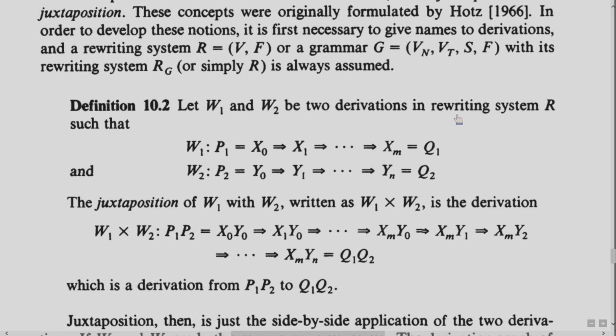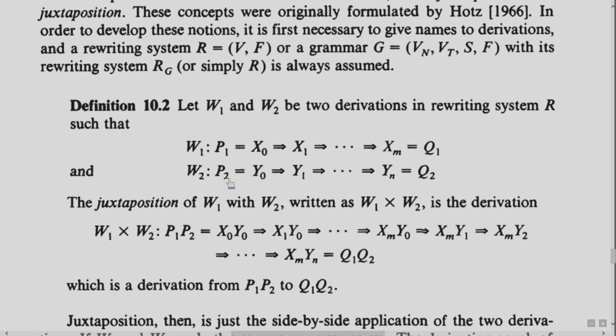So let W1 and W2 be two derivations in the rewriting system R, such that W1 starts from P1 and ends at Q1, and in between it goes from X0 to X1 to X2 up to Xm, and the last string is also named Q1.